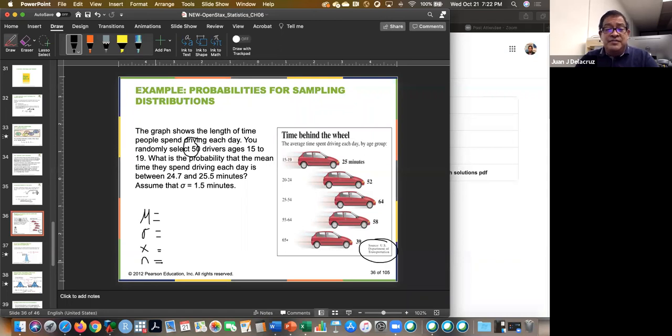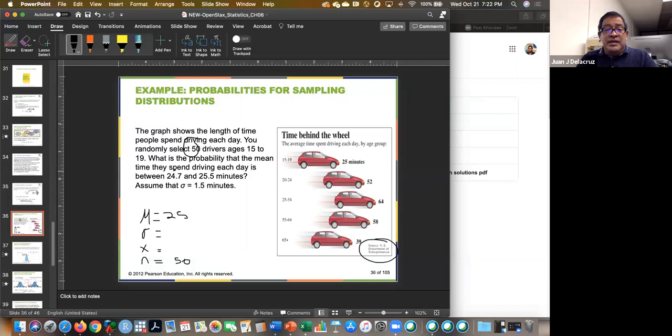So here it says the following. The graph shows the length of time people spend driving each day. You randomly select 50 drivers. Okay, I know that 50 drivers are going to be my sample size. Ages 15 to 19, they drive 25 minutes, so the mean time is going to be 25 minutes.